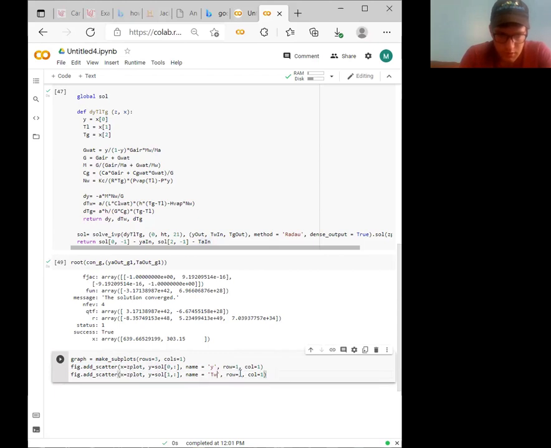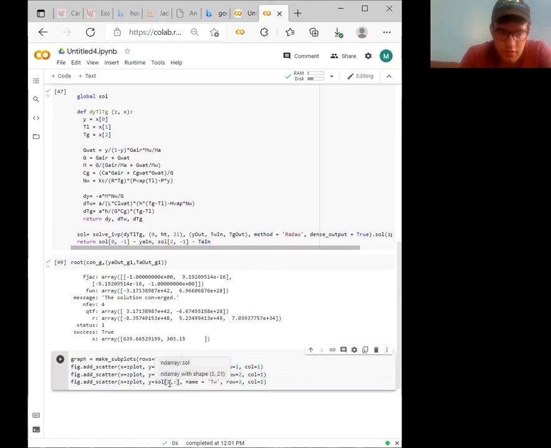And then this would be in row 2. And besides that, we should be good to go. So I'm going to copy this one now, and again just change the spot in the array, the name TG, and the row.